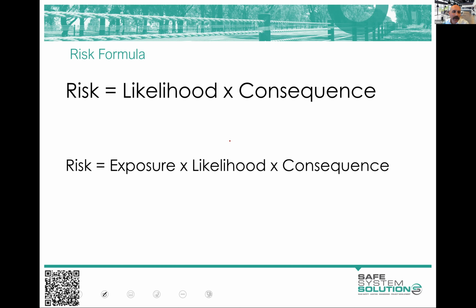In the safe system assessment framework, what we've done is ask, what is the exposure to crashes? So how many people are exposed to a certain crash type at a location? Then what's the chance that it manifests in a crash?